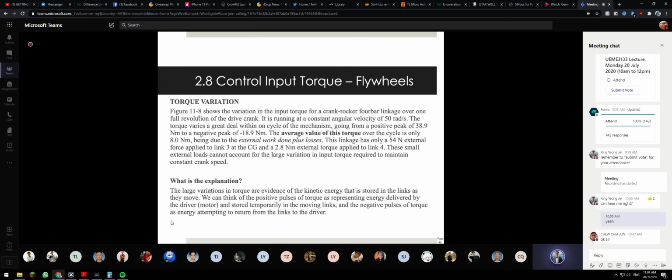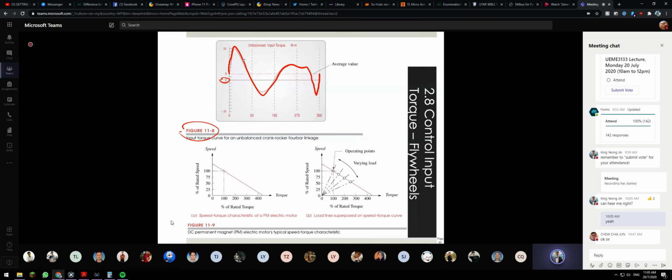Figure 18-8 shows the variation of the input torque from a crank-rocker four-bar linkage over one full revolution. That's why just now, when we calculated the 60-degree position, we only calculated this one point.